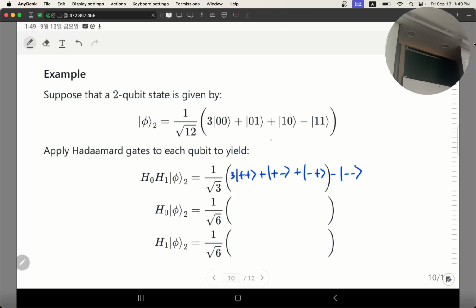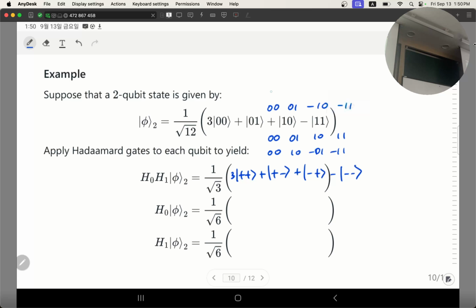So it's 0, 0, 0, 1, 1, 0, 1, 1, and 0, 0, 1, 0, minus 1, 1, 0, 1, first, 0, 1, and minus 1, 1. And then here I get 0, 0, 0, 1, minus 1, 0, minus 1, 1.